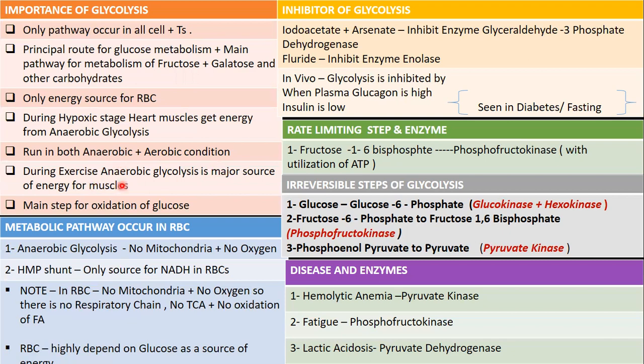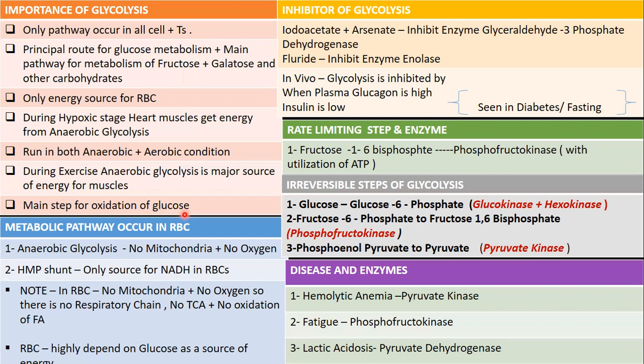When we exercise, glycolysis is the major source of energy for the muscles, since at that time there is a production of lactic acid, so we need anaerobic glycolysis. It is also the main step for oxidation of glucose, the preliminary step of complex oxidation of glucose.